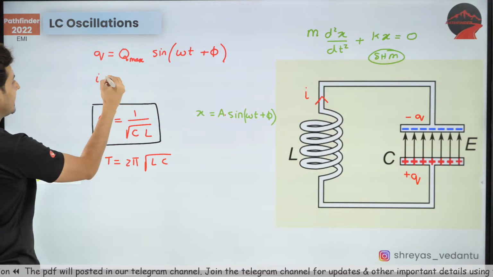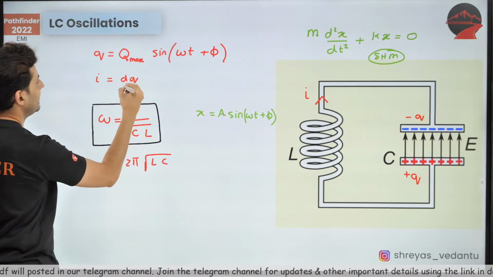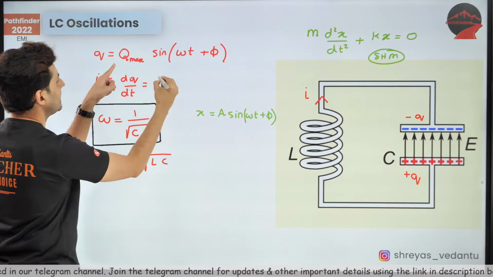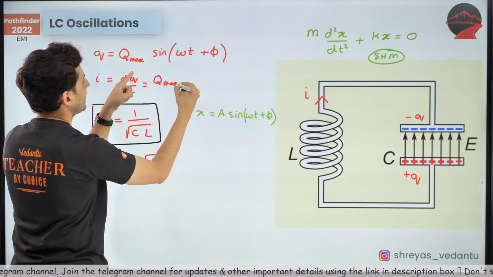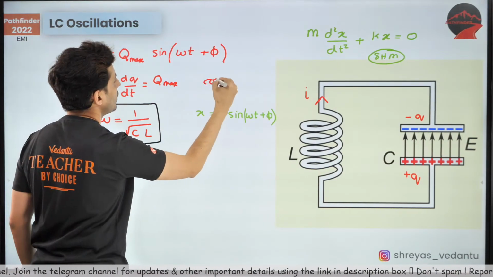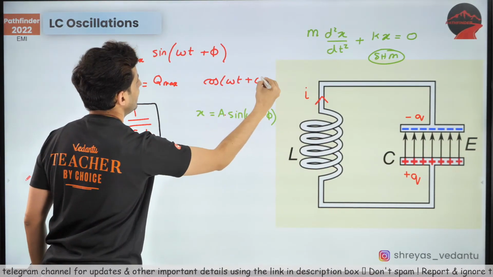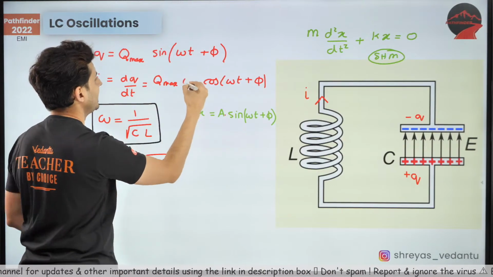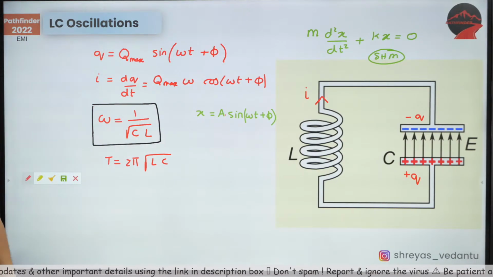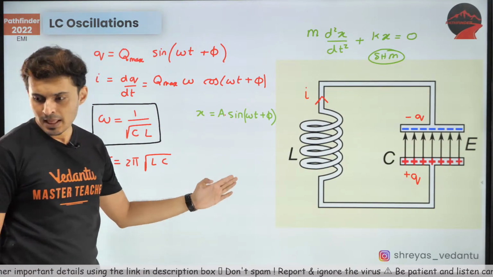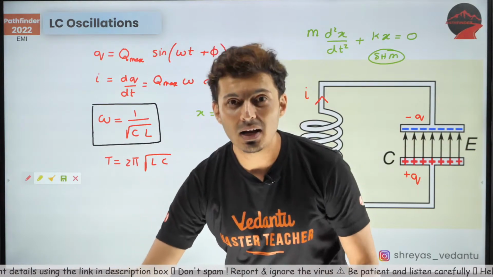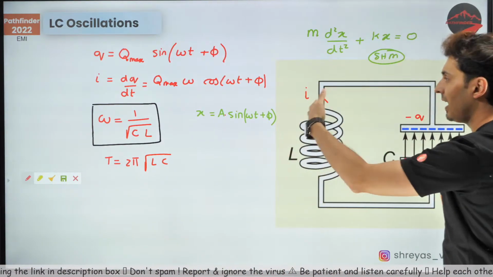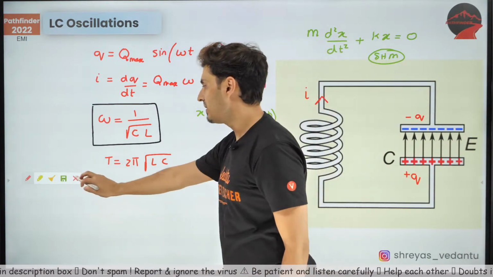Okay, lastly, current, which will be dq by dt. Take the derivative, guys. You will see it will be q max times the derivative of sine, which will be cos omega t plus phi, and that omega will come outside. So that's what current would be. Clear, everyone? So that's how you compare SHM in mechanics and electromagnetism. Very, very similar.